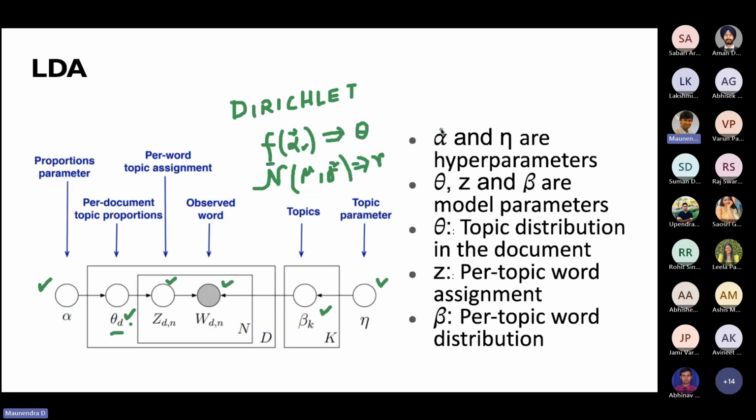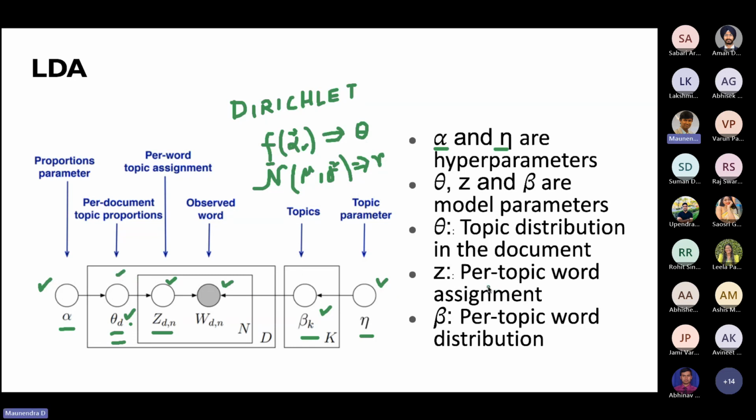So what you see here is that alpha and eta are the hyperparameters. Theta, z and beta are the model parameters. Theta is the topic distribution in the current document, we have seen that.